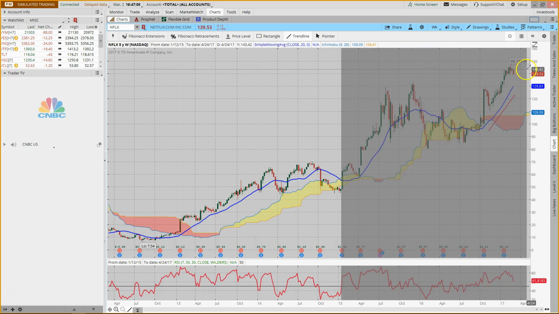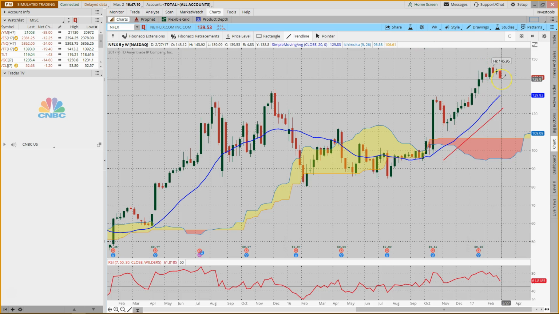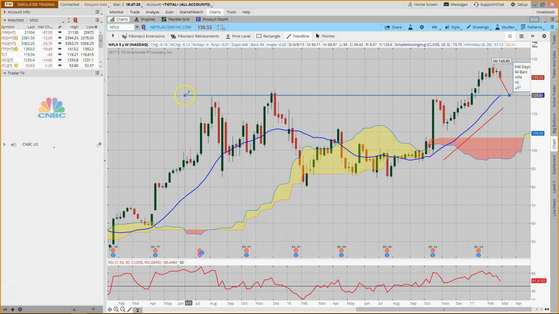What to look for here again is some follow through. As this pulls back, what you really want to keep an eye on are these previous highs, and specifically the 130 level. You can see it's been retested 3 different times in the recent past, and I think this is going to be a significant level of support for Netflix.